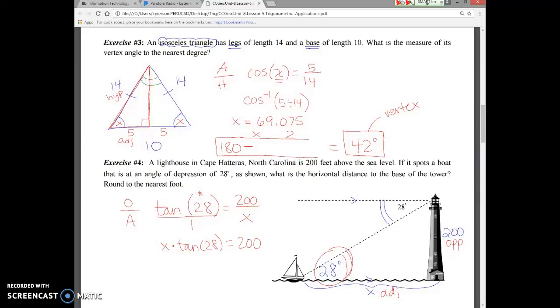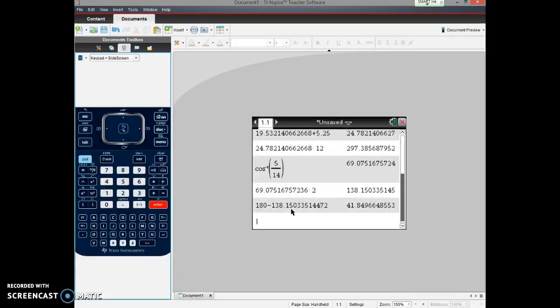When you cross multiply, you get x times tangent of 28 equals 200 times 1, and you divide by the tangent of 28. So in our calculator, we have a little bit different operations being used. So I'm going to take 200 and divide by the tangent of 28.